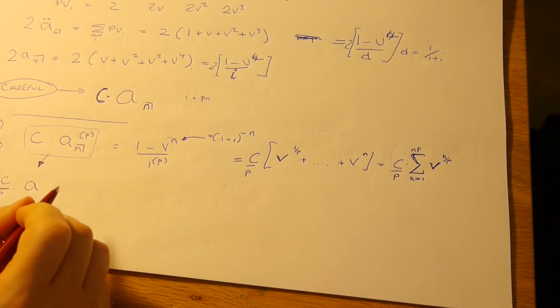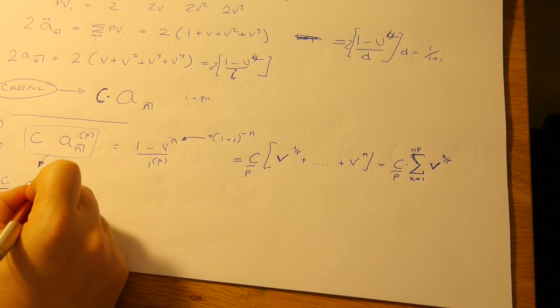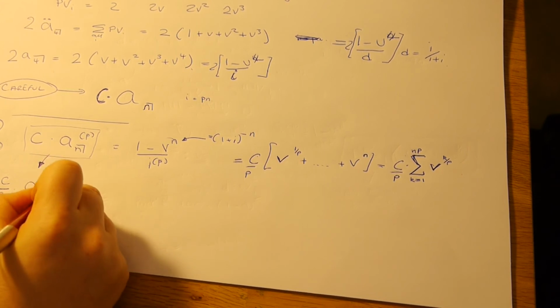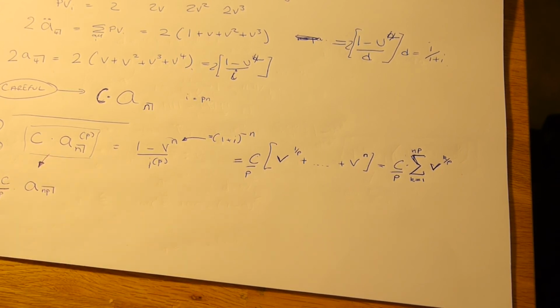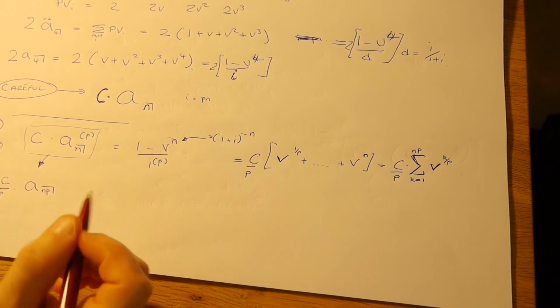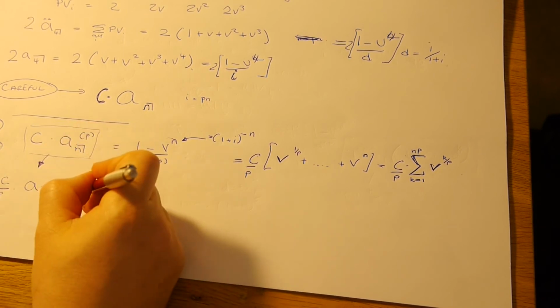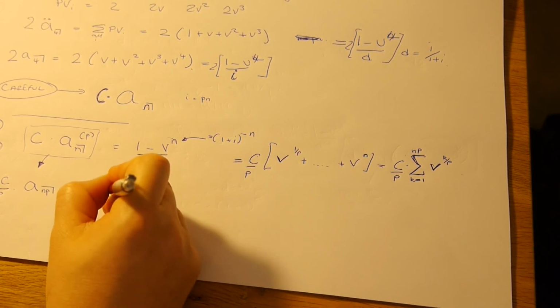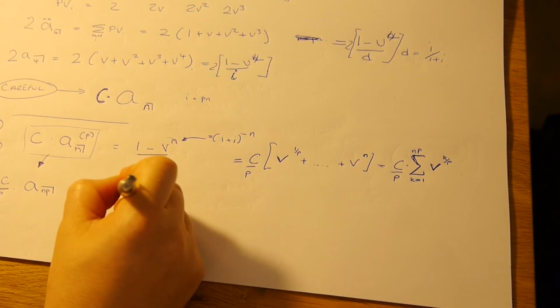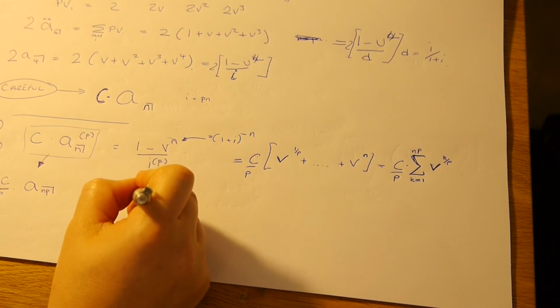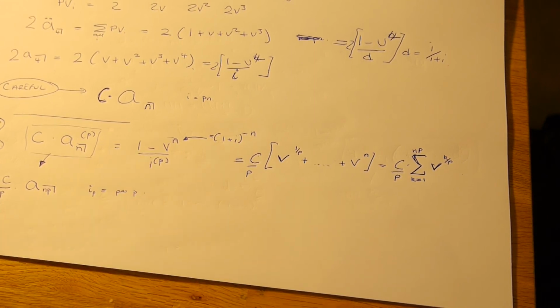How many time periods of 1 over p? We now went to np, so that's how many time periods we're in now. p now goes to 1 there, and all we need to make sure is that the effective rate of interest is i^(p), i.e. per half year, if we use p equals 2, something like that.